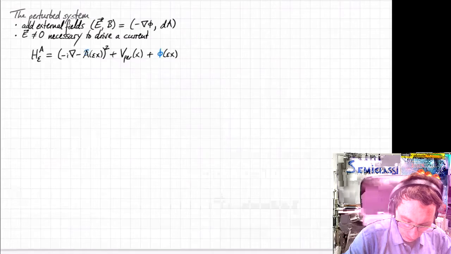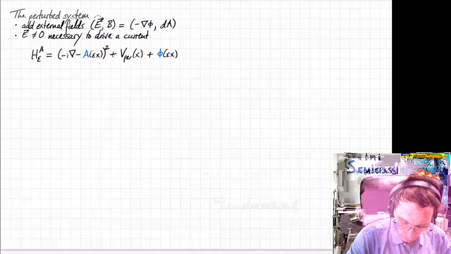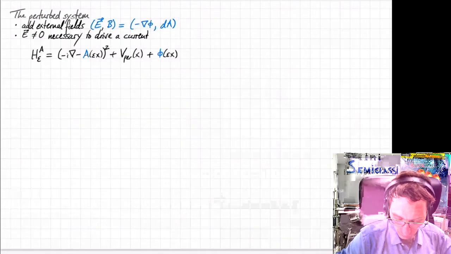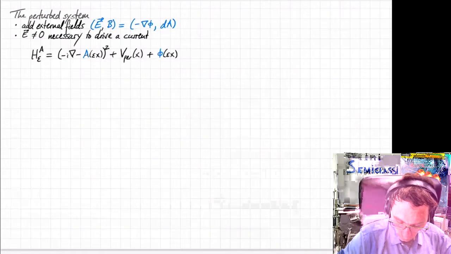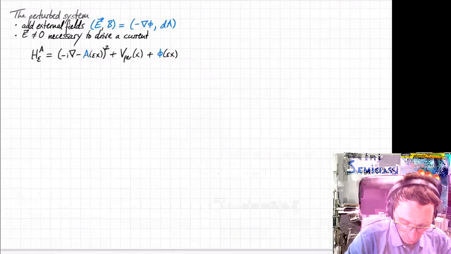I have the potentials here. They are due to the external fields. And then I have the semi-classical parameter epsilon.